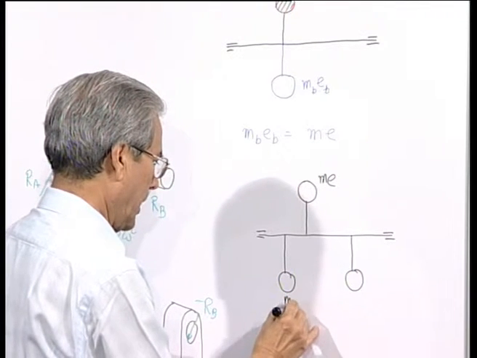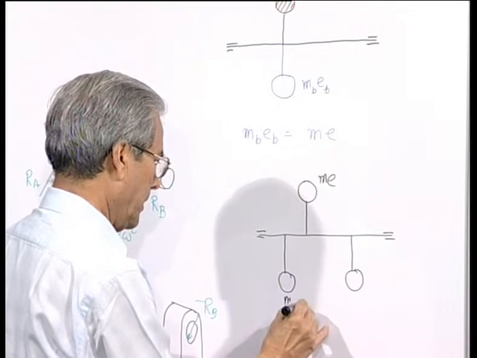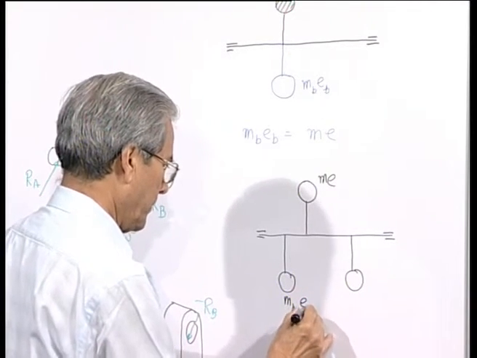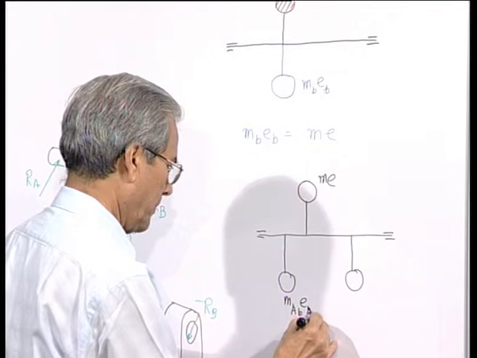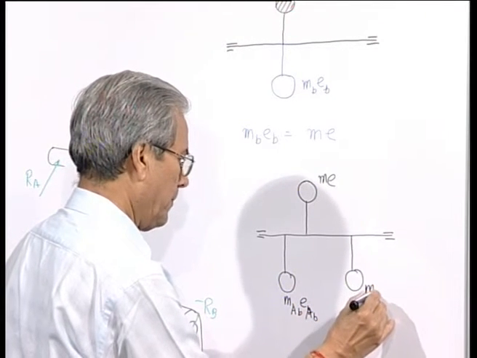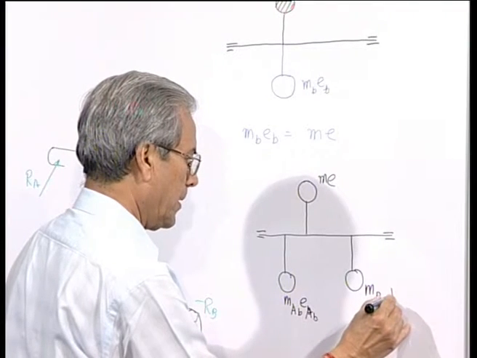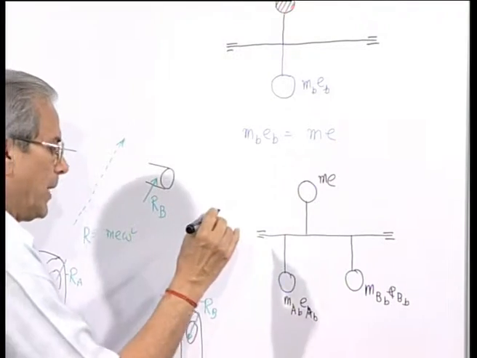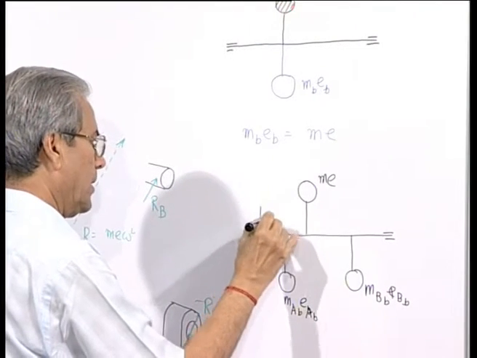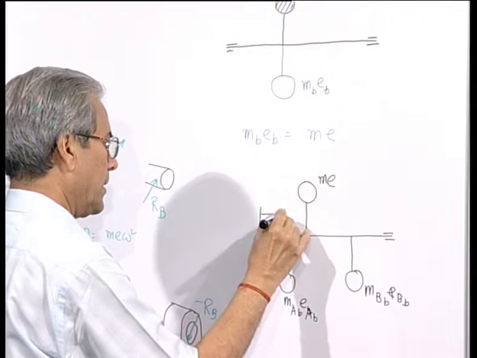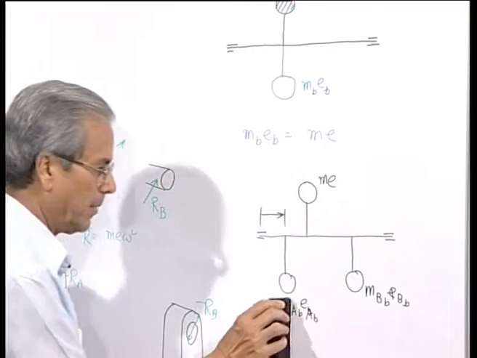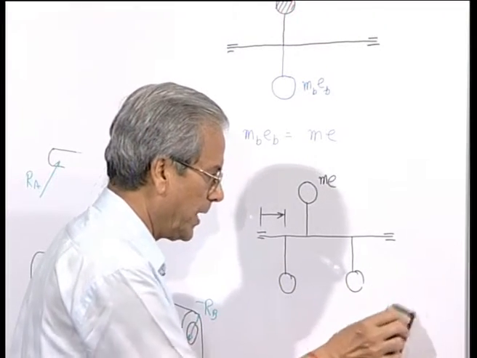So, we will call them m_b1 at E_b1 and m_b2 at E_b2. I will represent them by 1 and 2, following something which I will take up later also.